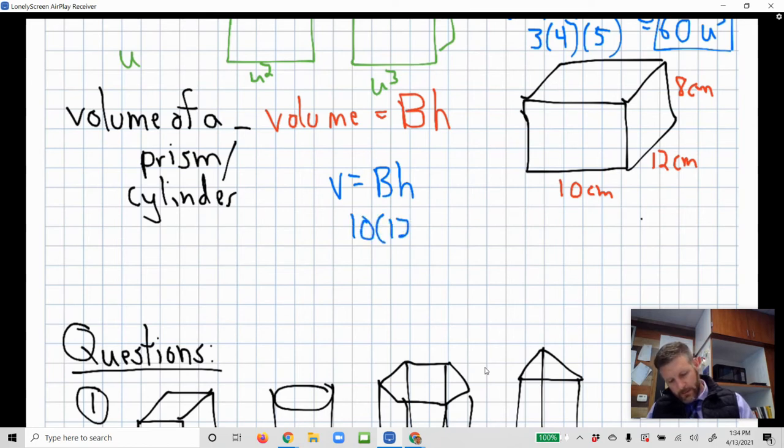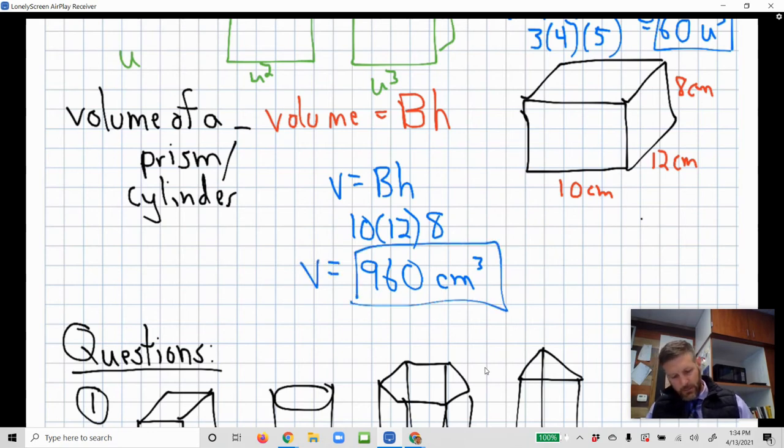Rectangles are nice and easy. And then the height is 8. So in this case, we're just multiplying all 3 numbers together. We're getting 120 times 8. Let me crunch that. And so we get 960, in this case, centimeters cubed, because we're now talking about 3 dimensions. So the volume is 960 centimeters cubed.